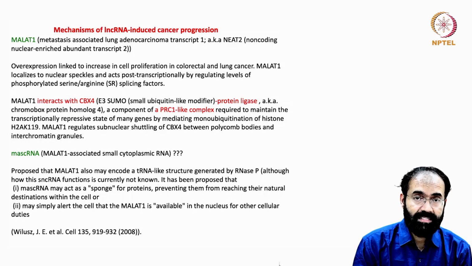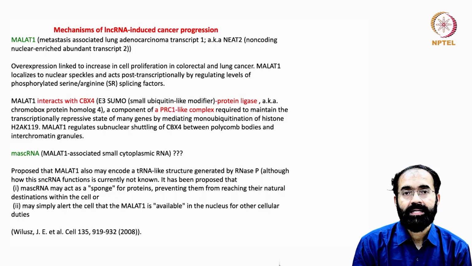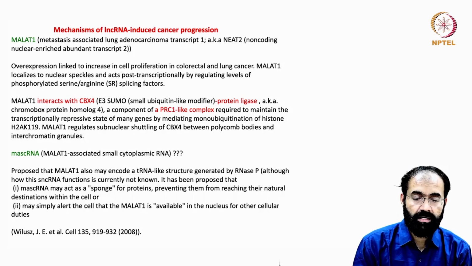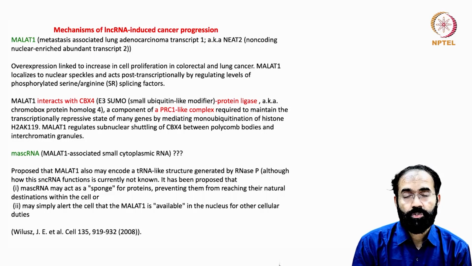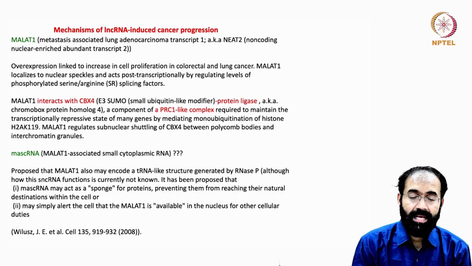MALAT1 regulates the subnuclear shuttling of CBX4 between the polycomb bodies and interchromatin granules. So MALAT1 acts as a mediator of CBX4. This can lead to aberrant cell proliferation control, especially seen in cancer cells.